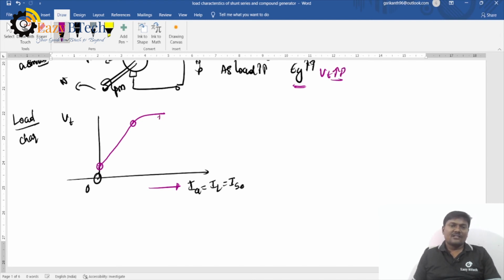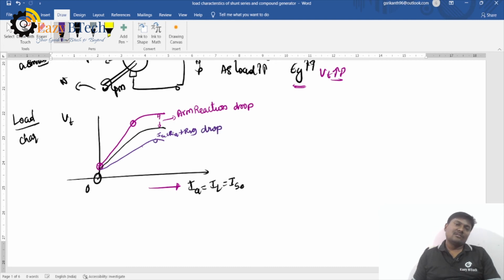And if you consider the two drops, one is the armature reaction drop, and this drops downward. And the one more drop is the armature resistance drop, where we consider Ia into Ra plus Rsc.